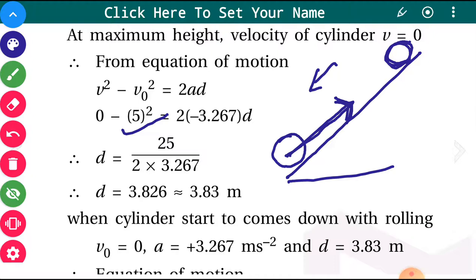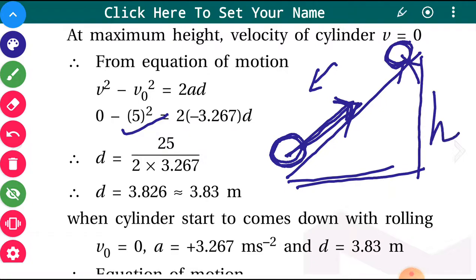So at the bottom of the inclined plane, the center of mass of the cylinder has the speed of 5 meter per second. At the bottom means it is beginning its motion and it is moving in the upward direction. So the final velocity at the top, at height say h, will be equal to 0.